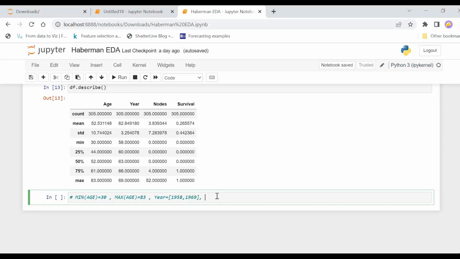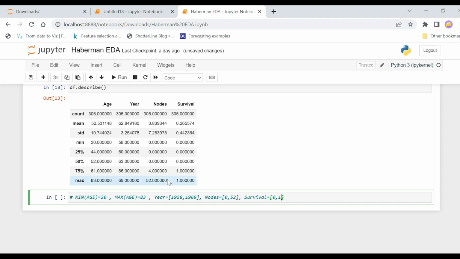If you see nodes, there is one important thing. For nodes, the range is between 0 and 52. And survival, we all know, has the range of 0 and 1.